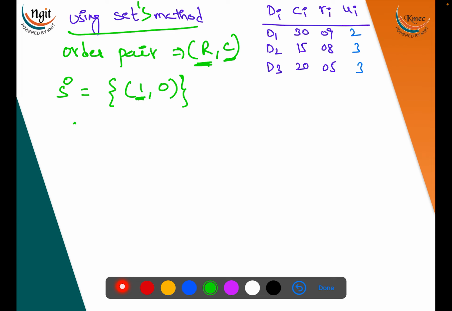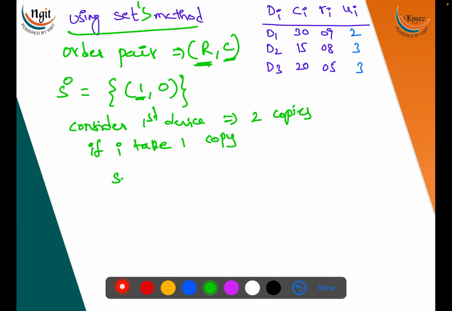Okay. Now I am considering the first device. I have the possibility of 2 copies. Let's see, if I take the first copy, then S1 is equal to: what is the reliability factor of the first copy? 0.9. 0.9 into 1 is 0.9, comma, next is the cost.